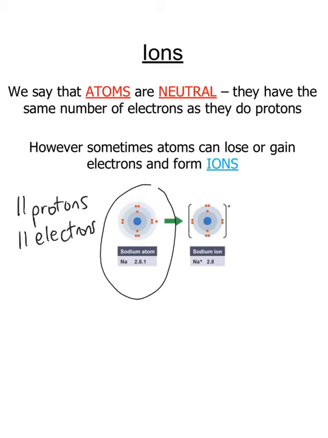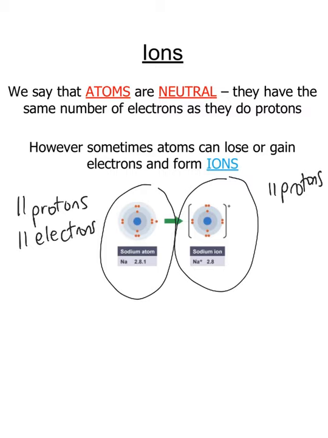Now, when we start to create an ion, like so, we change the number of electrons, and it means that they will all either have more electrons or less electrons than the number of protons they had. Now, the sodium ion here still has 11 protons. We never look at changing the proton number.